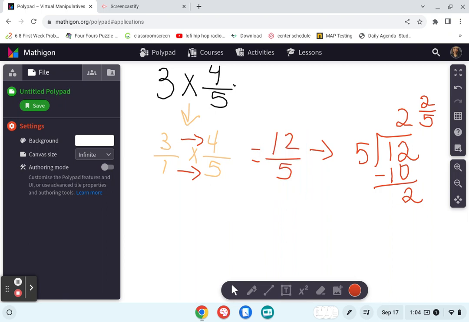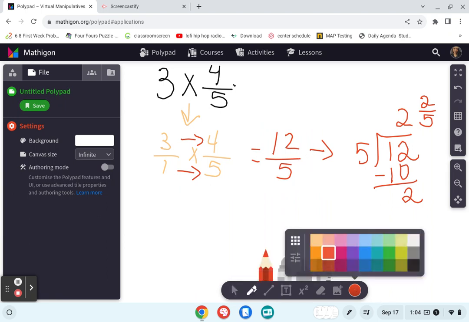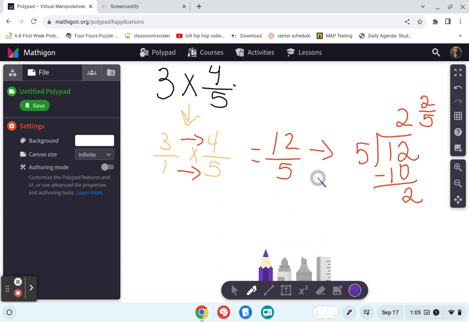The way we do that is I think about my numerator, and I see my numerator is 12. And then I think about my 5. Remember, this fraction bar right here means to divide. So if it is telling me to divide, I am going to divide 12 by 5. How many 5s go into 12 without going over?